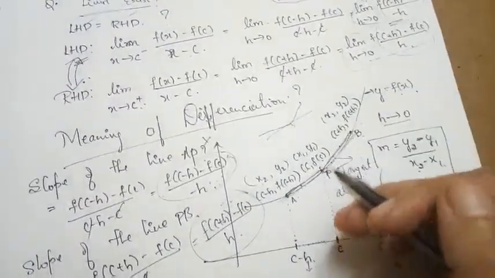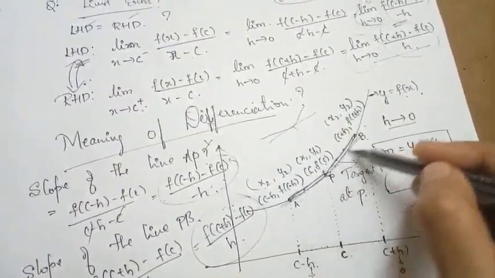y is equal to f of x. So through one point I can draw only one tangent at a time, so that is this tangent.